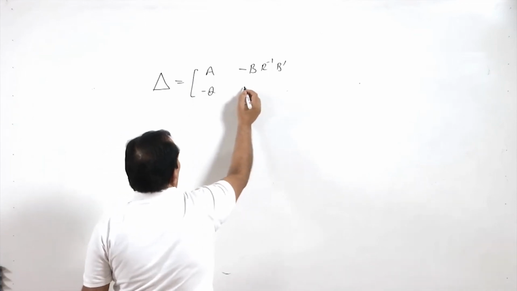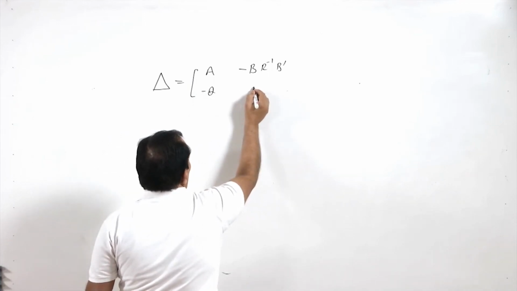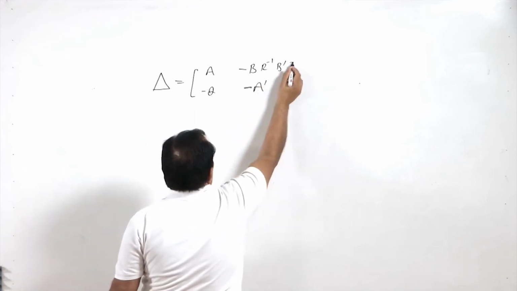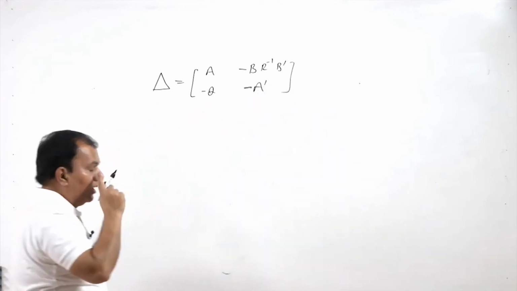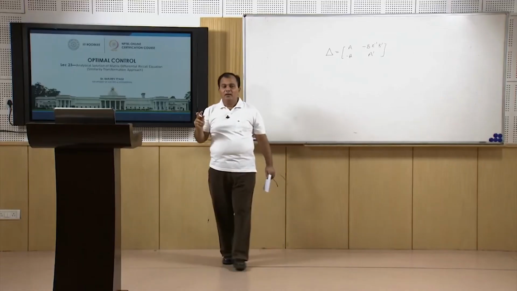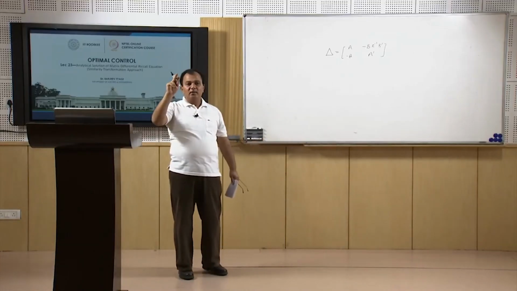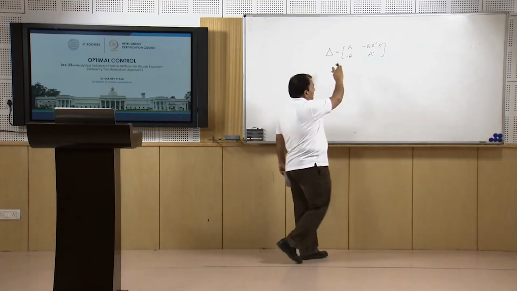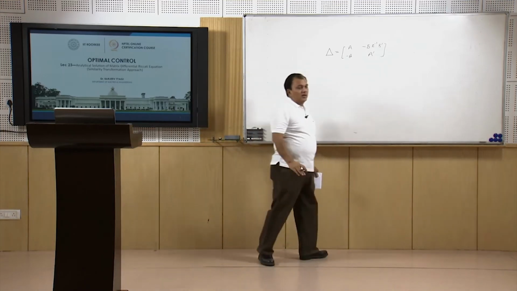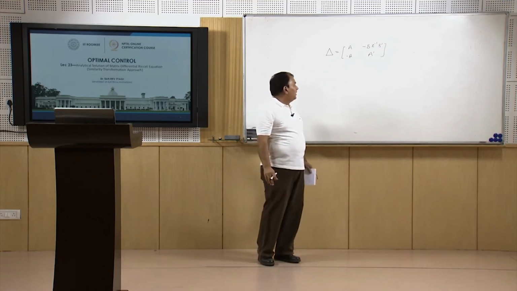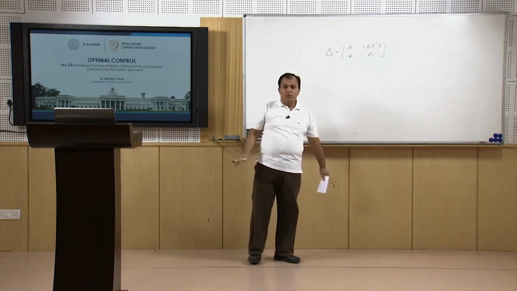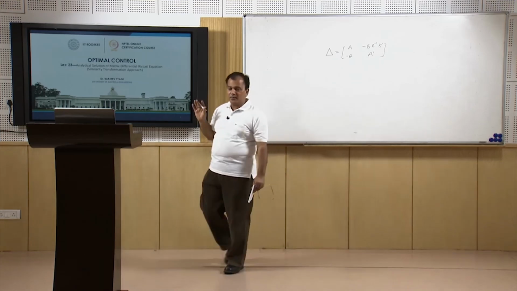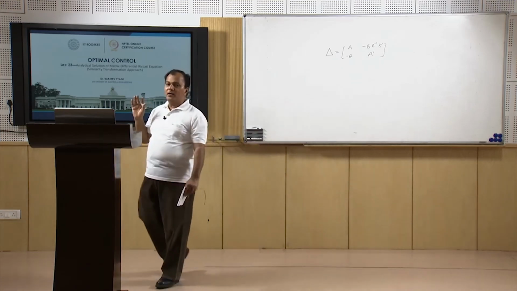In all these expressions I have dropped the t term, only for convenience or easy representation; otherwise my matrices A, B, R, Q are all time varying, and they all depend on t.